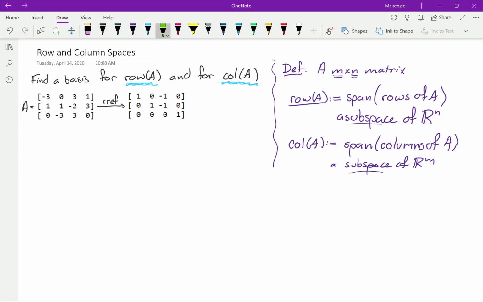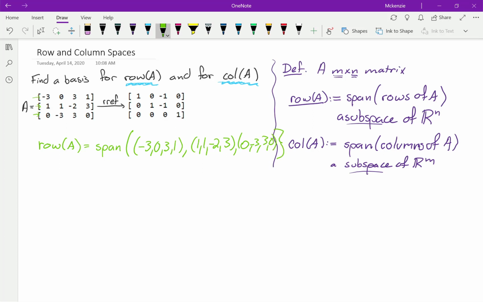So we'll start with the row space of A. We have our three rows here. Formally, we could say this is the span of our three rows: -3, 0, 3, 1; 1, 1, -2, 3; and 0, -3, 3, 0.